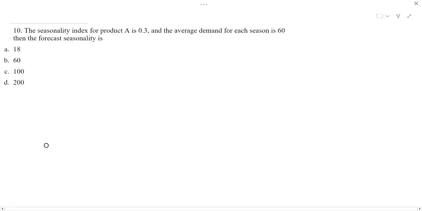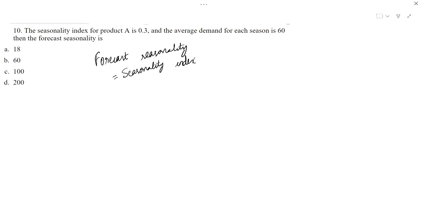So next question: the seasonality index for a product is 0.3 and the average demand for each season is 60. Then the forecast seasonality is, okay, so this is a different question. Here we are being asked the forecast seasonality, that is seasonality index into average demand for each season.